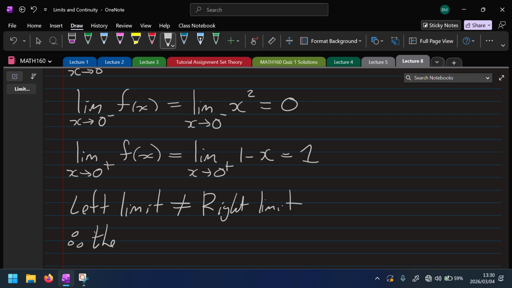Therefore, the limit does not exist. Or you could put DNE for short, does not exist. Any questions for this example?